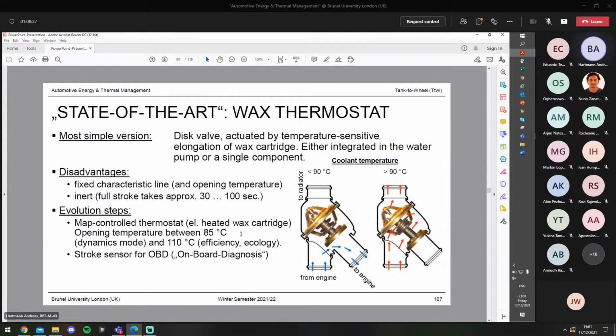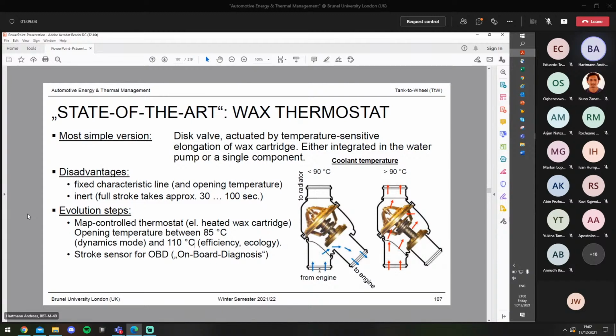Okay. So actually, it's like that. When running the engine with high efficiency and also little emissions of air pollutants, you aim for a very high temperature of the engine, of the coolant, let's say 110, maybe 115 degrees Celsius.